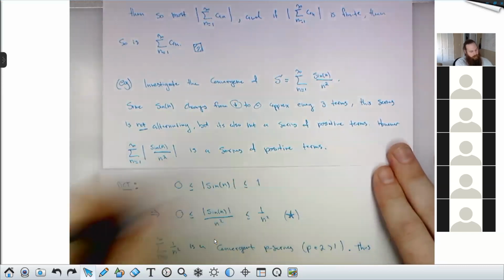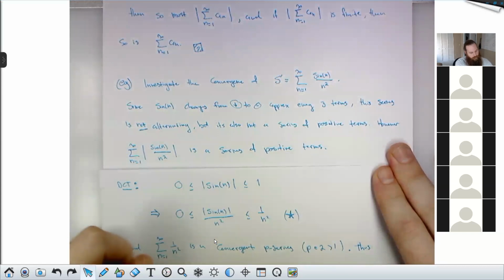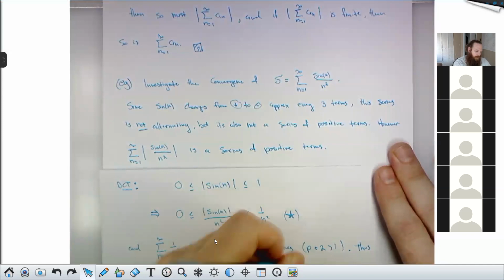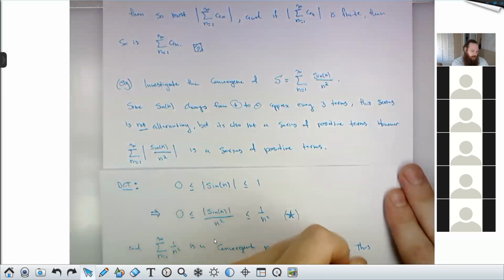Thus, by star and DCT, sigma n from 1 to infinity, absolute value sine n over n squared, must converge.